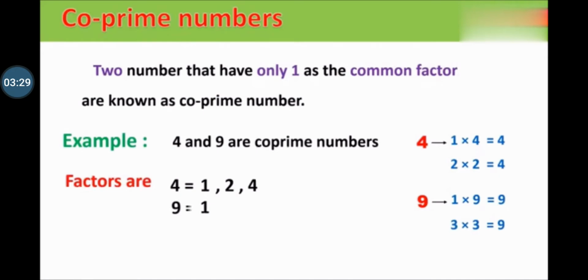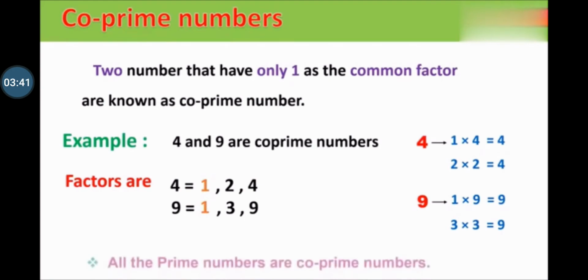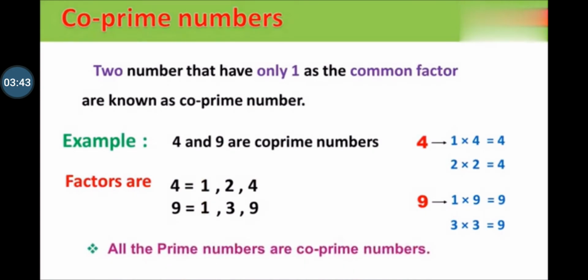So after listing down, when we take the common factors between these two numbers, we get only 1 as a common factor. So we always say that any number that has only 1 as common factor, they are called co-prime numbers. My dear students, always remember that all the prime numbers are co-prime numbers. So I hope that you understood about all these types of numbers.